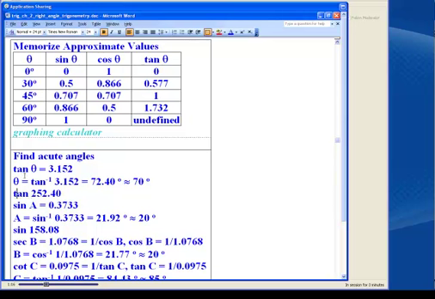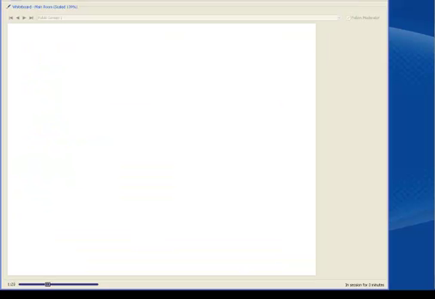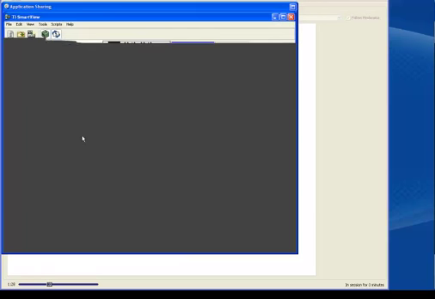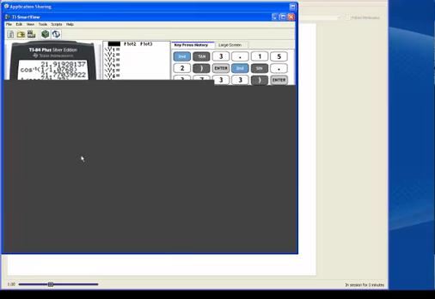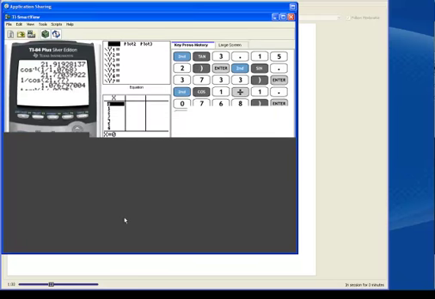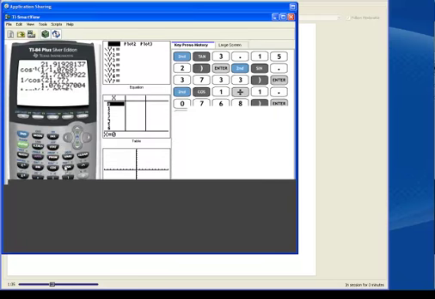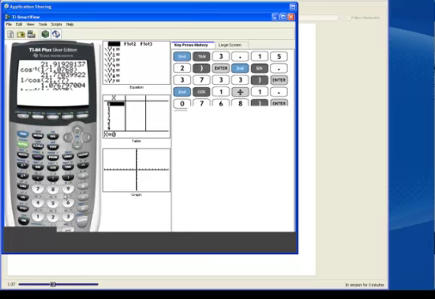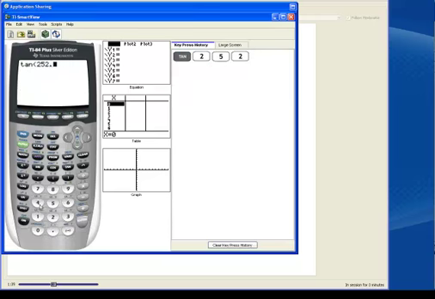So let's go over to the graphing calculator. Okay, clear this. I said a moment ago, tangent of 252.40 degrees, and we come up with 3.152, which is the same as tangent of 72.40 degrees.